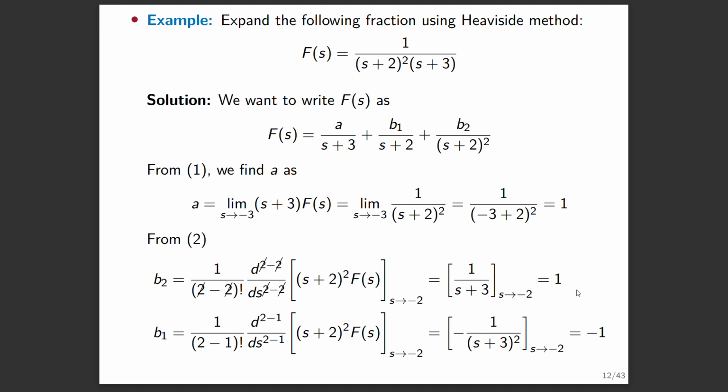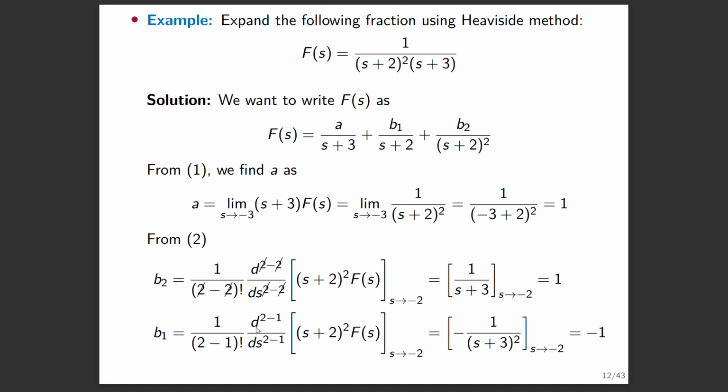Now, if the counter goes down 1, so to find B1, when L is 1, I'm going to have 2 minus 1 factorial, d to the 2 minus 1 divided by ds to the 2 minus 1. So now it's going to be d divided by ds.